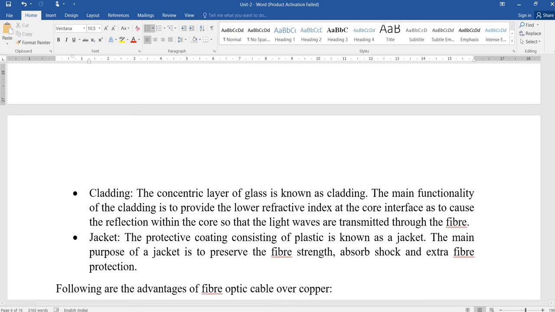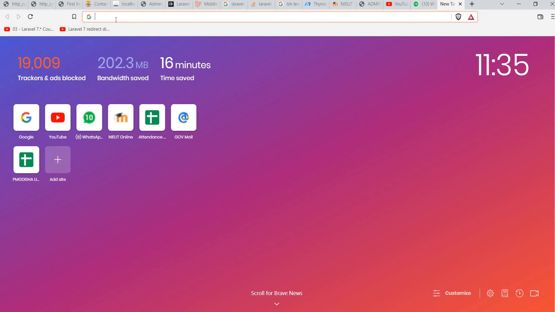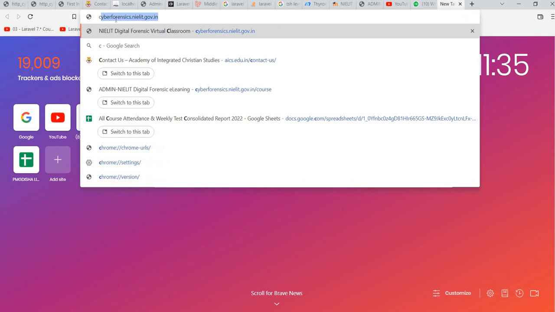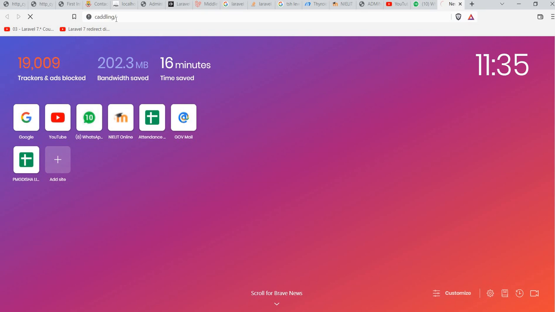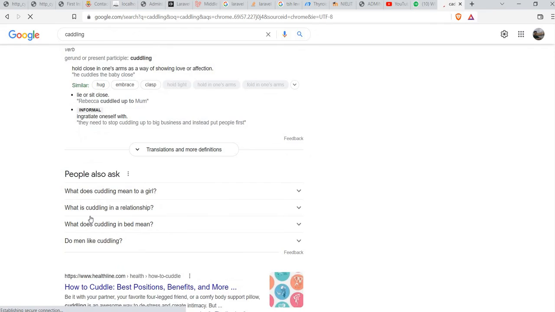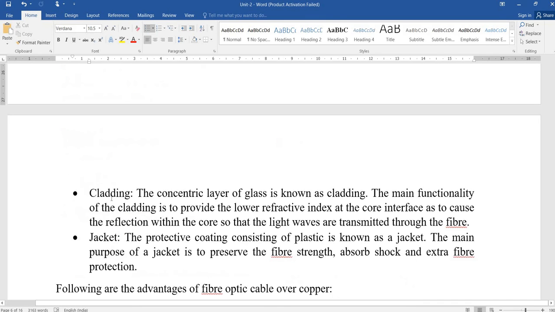So let's see the fiber optic in Google. Oh, sorry, cladding.